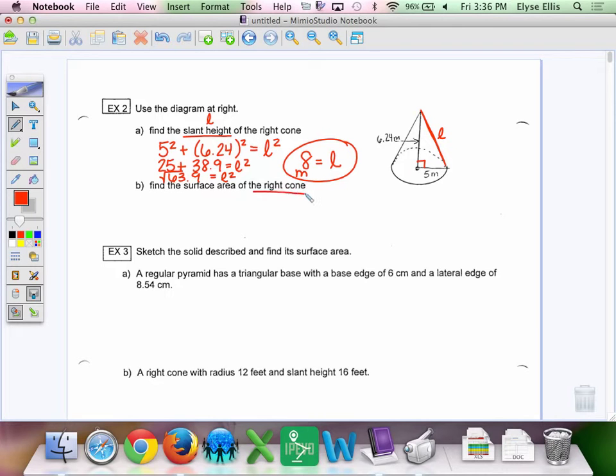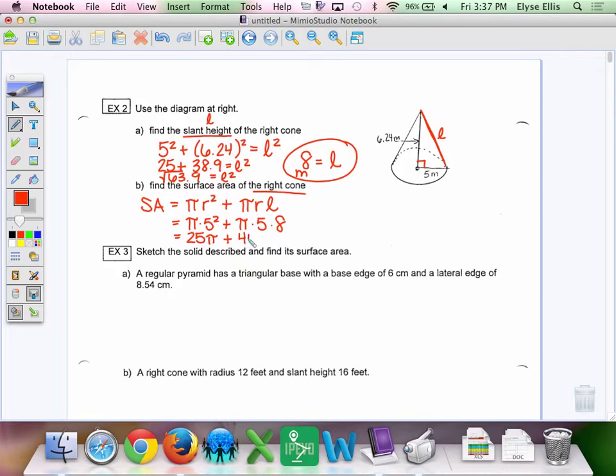Part B wants us to go all out and do surface area of the entire cone. So surface area of a cone is pi r squared plus pi r L. Again, you can pull that right off your formula sheets. Well, our radius is 5, so I have pi times 5 squared plus pi times 5, and we said slant height was 8.